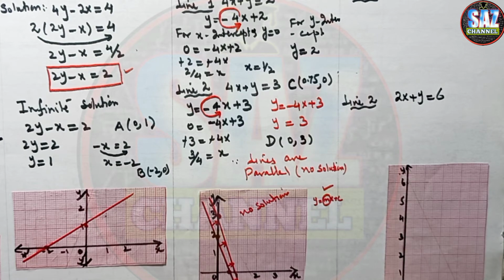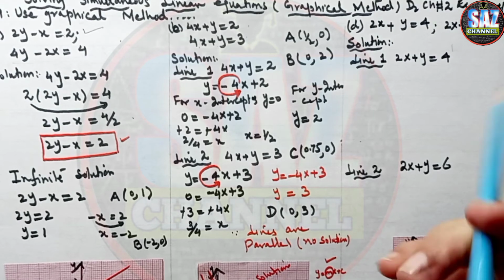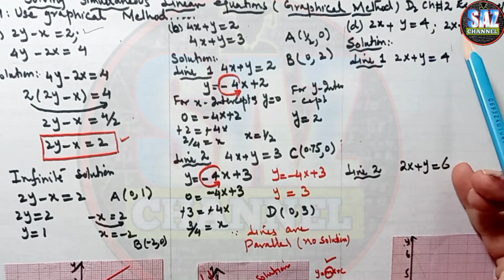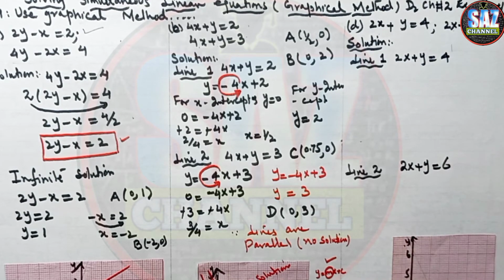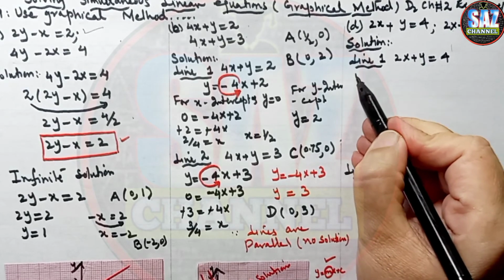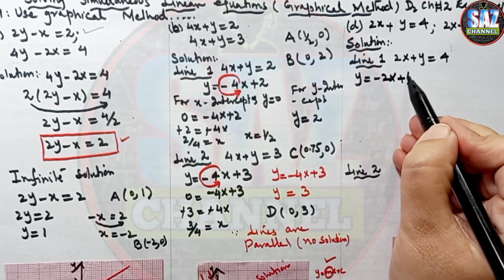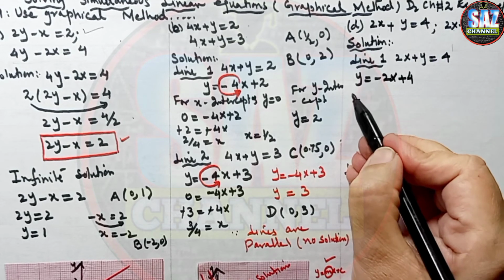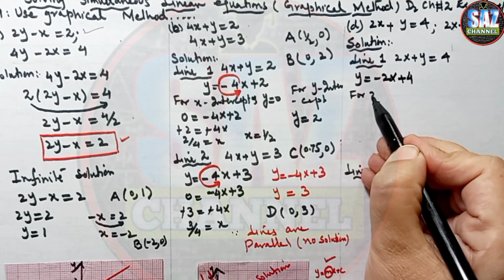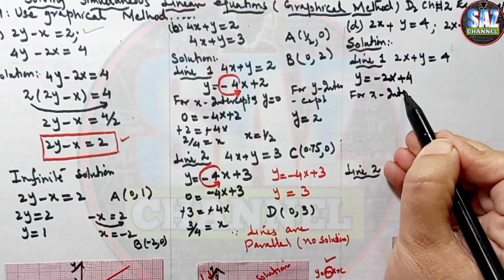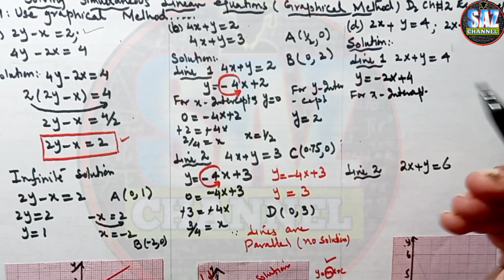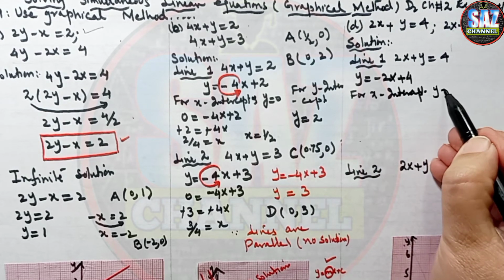Coming to the last part of the question, that is 2x plus y equals 4 and 2x plus y equals 6. First of all, rearrange equation 1: y equals minus 2x plus 4. For the x-intercept, what we have to do is put y equals 0.